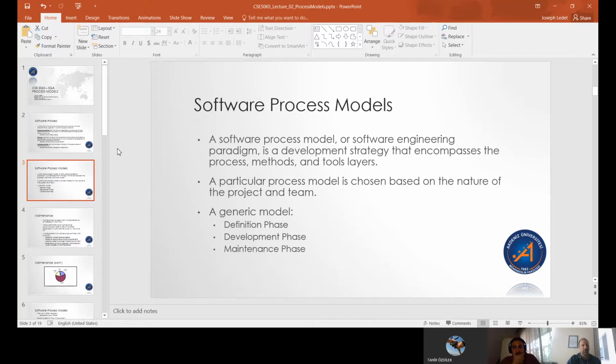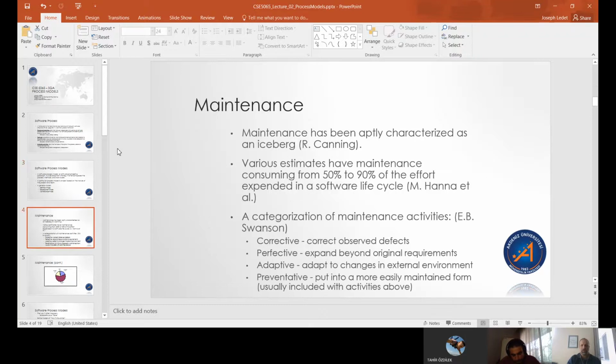Okay, so we'll talk about some of the software process models and processes that might get used. Maintenance. Maintenance is what happens after the initial product is delivered. Sometimes maintenance can be corrective, fixing defects, right?